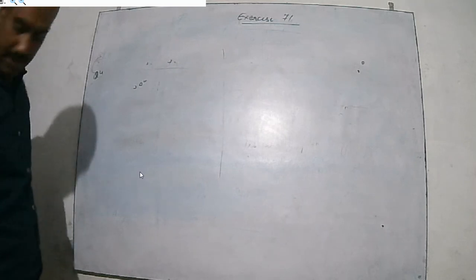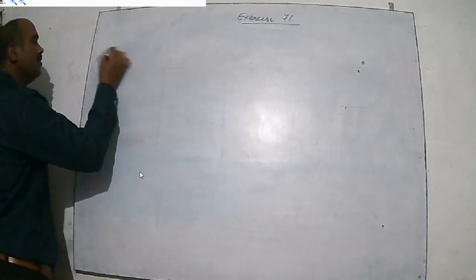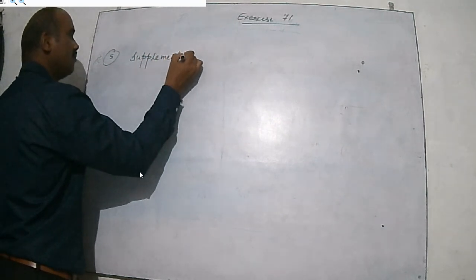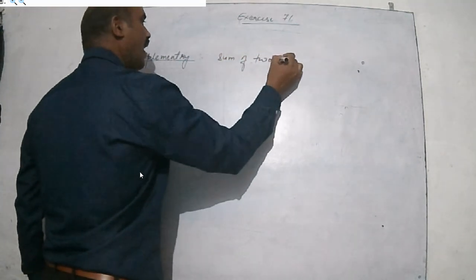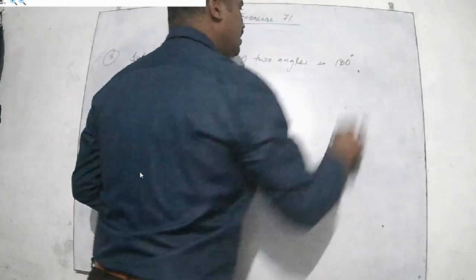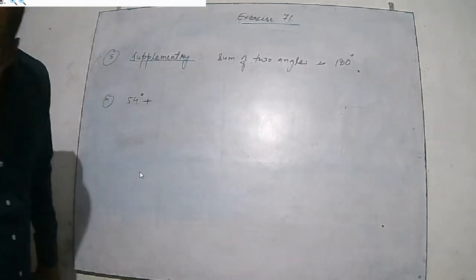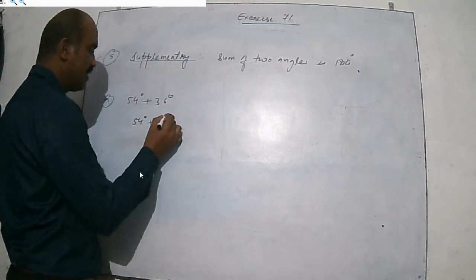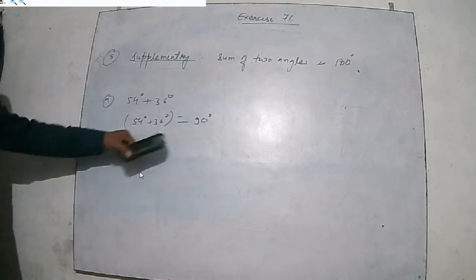In supplementary we know that the sum of two angles is 180 degrees. So the first example is A part, 54 degrees plus 36 degrees. Now you have to add this, 54 degrees plus 36 degrees is equal to 90 degrees.